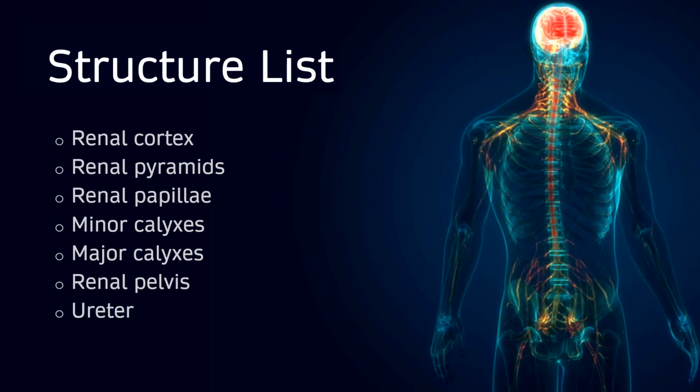The renal pelvis is then continuous with the ureter. And so these things up at the top of this list are spaces or parts of the kidney. Everything down here is transporting urine that was made by microscopic structures called nephrons that are in the cortex and the pyramids.